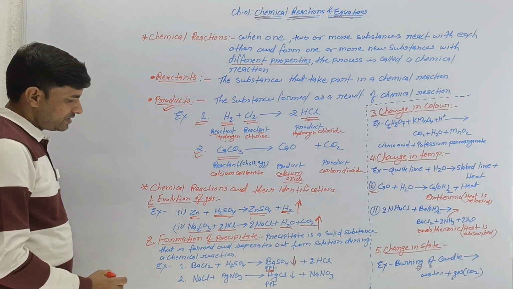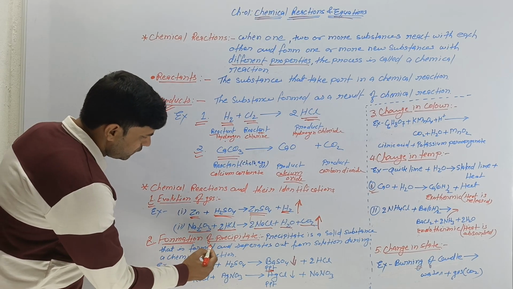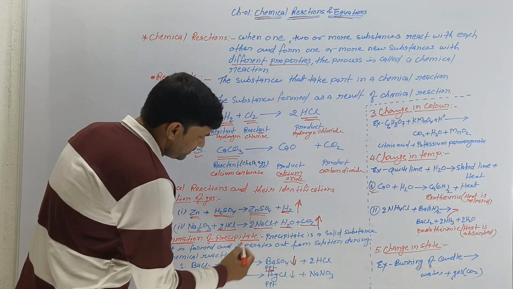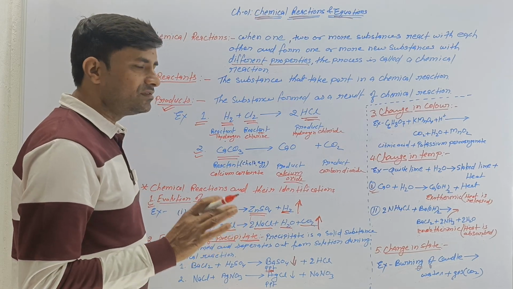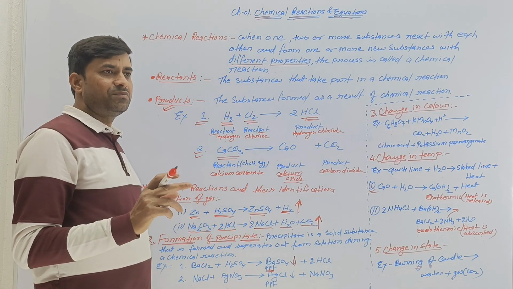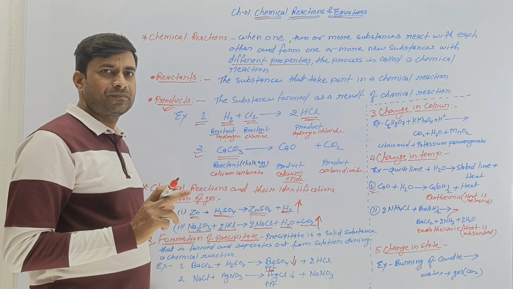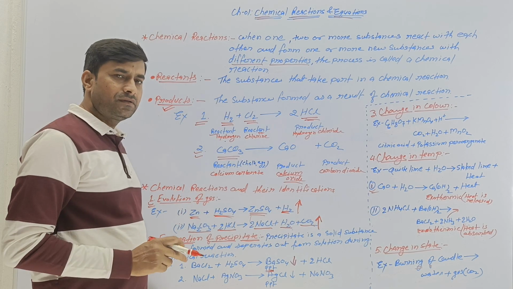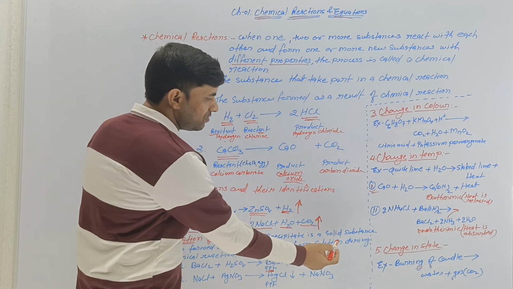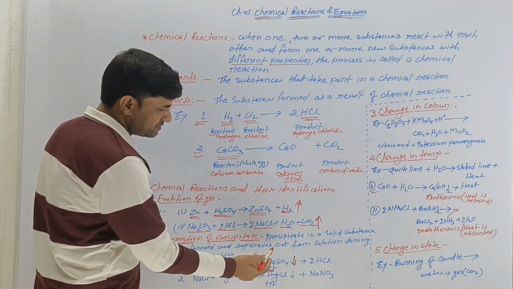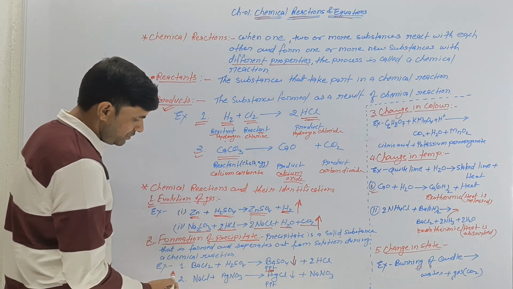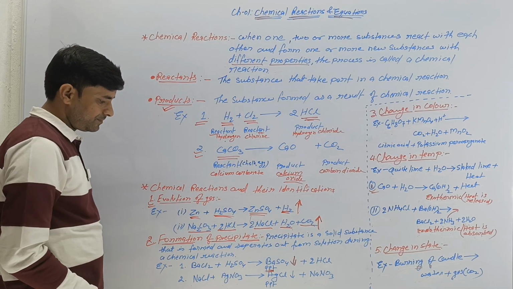Number two identification is formation of precipitate. There are certain chemical reactions during which a precipitate is formed. What is a precipitate? A precipitate is a solid substance that is formed and separates out from solution during a chemical reaction.